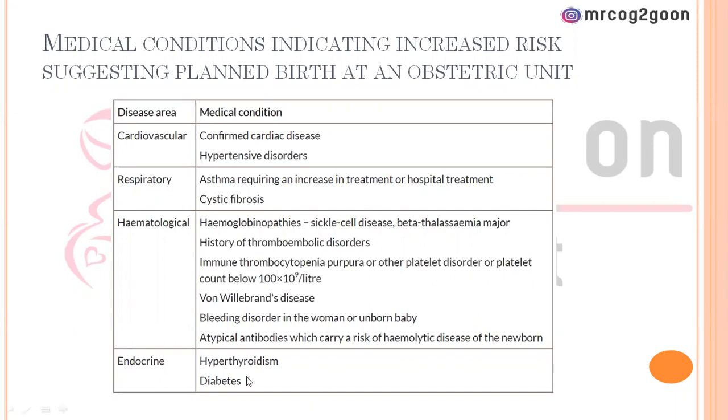Endocrine: hyperthyroidism, she may go into a hyperthyroid crisis or thyrotoxic crisis during labor. Diabetes, you have to monitor her blood glucose during delivery, and you have to put her on insulin. We will talk about this in the diabetic guideline, but this is a high risk. She has to be monitored closely.